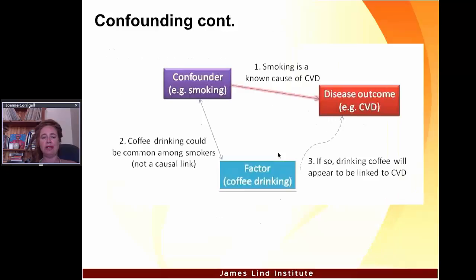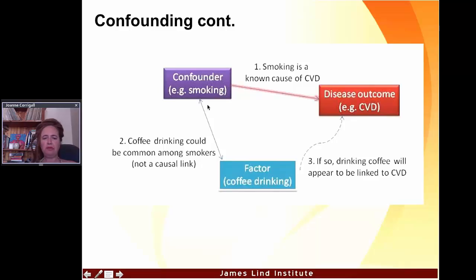So you'll remember previously from our example that if we're trying to look at the association between smoking and cardiovascular disease, coffee drinking is in fact a potential confounder because it would probably be independently associated with cardiovascular disease as a stimulant, it's quite likely, and smokers probably drink more coffee because cigarettes taste terrible.